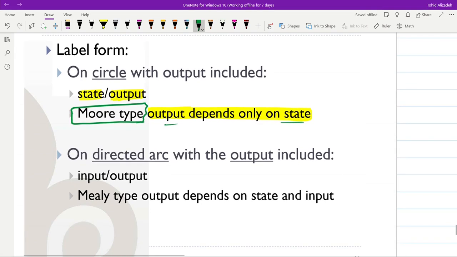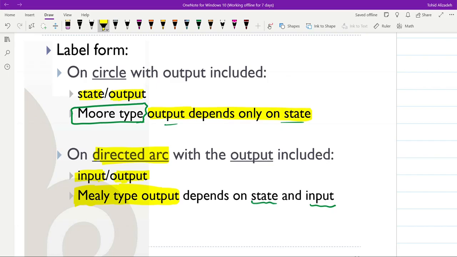On the other hand, if the output depends on the state and the input, then the value of the output will be shown on the directed arc in this format, input slash output, and that's something that we already have seen. In this case, we have the Mealy type circuit.